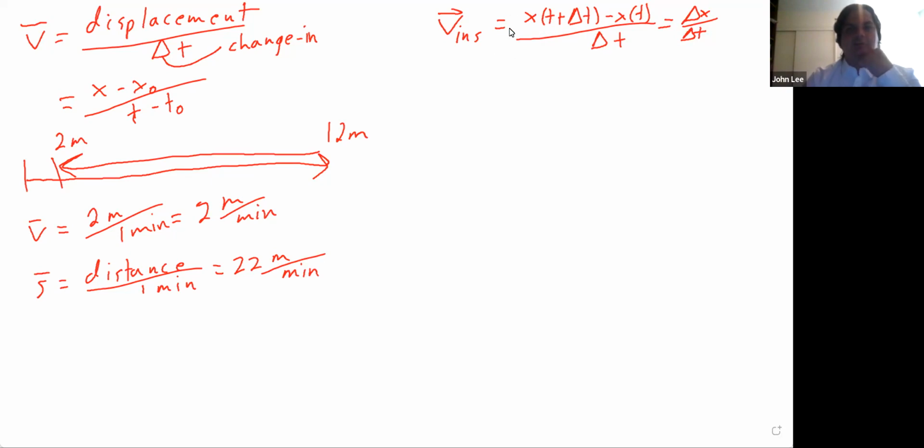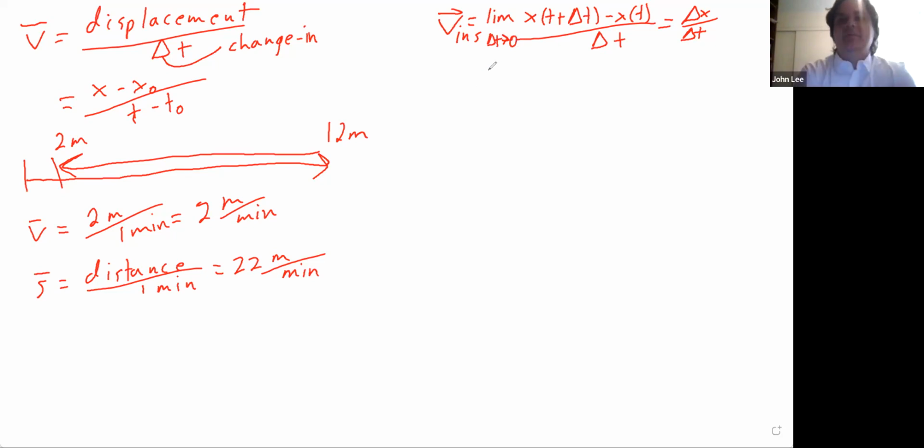So it's the same thing right now, but in order to make this instantaneous rather than the same definition, we take the limit of delta t goes to 0.